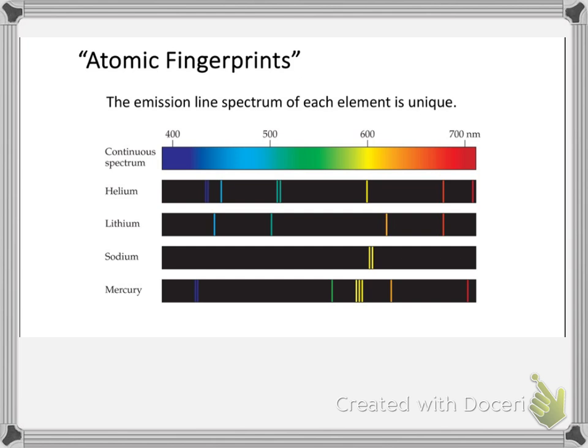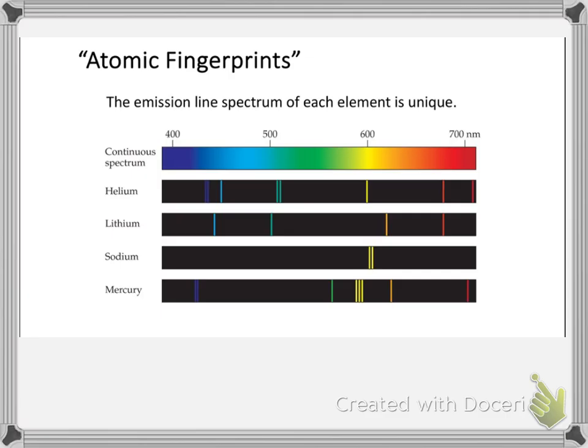This last slide, and you don't have to memorize any of these numbers, is just the spectrum of different gases. These different gases are not all the same as hydrogen. They have their own unique fingerprints, and with these emission spectra, when you look at what the gas emits, how it relaxes back down, you get fingerprints of different gases. So it's one way to identify what gas a substance is.